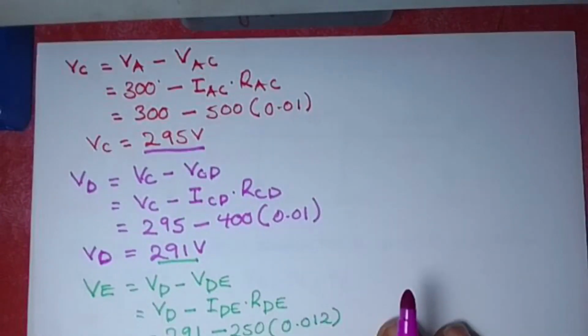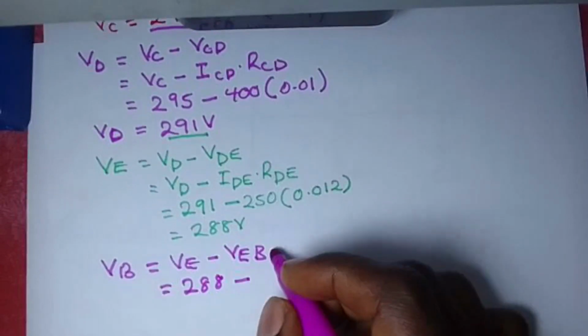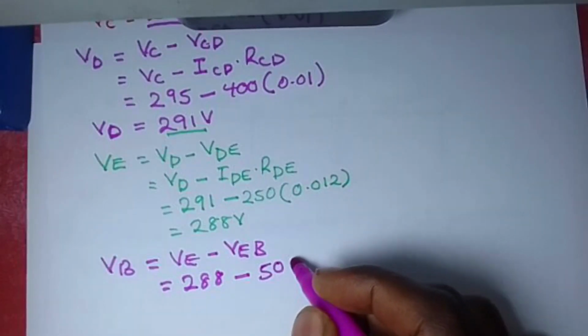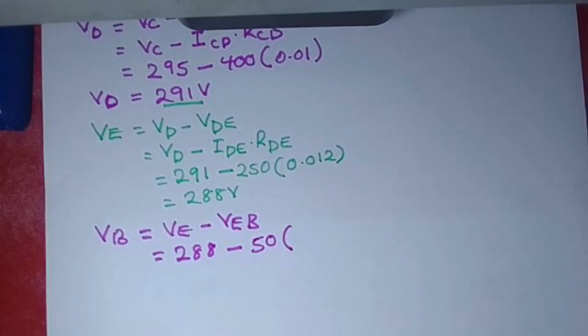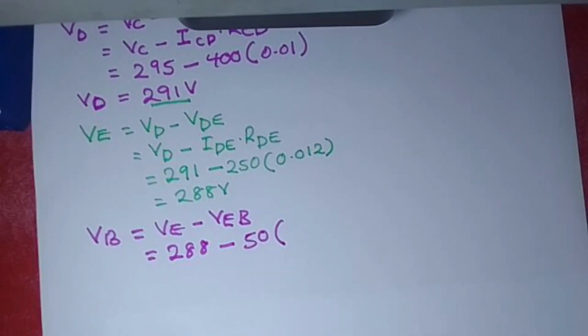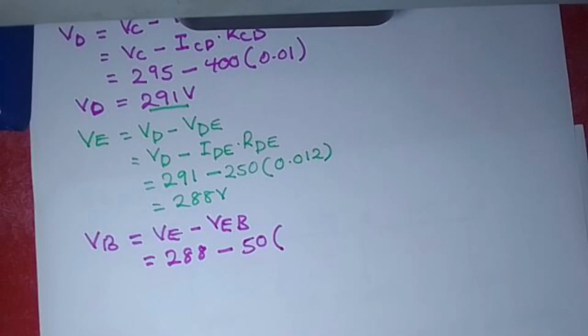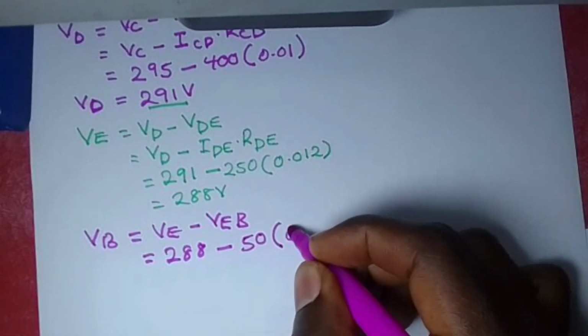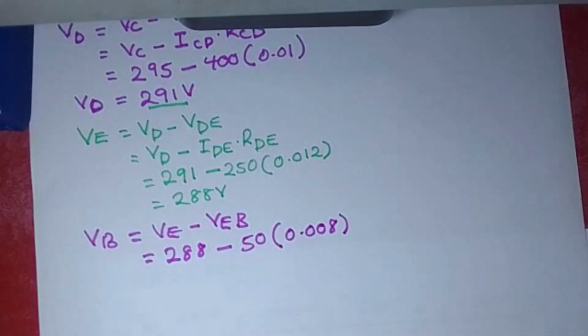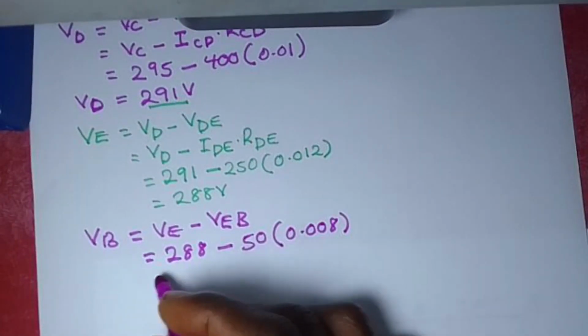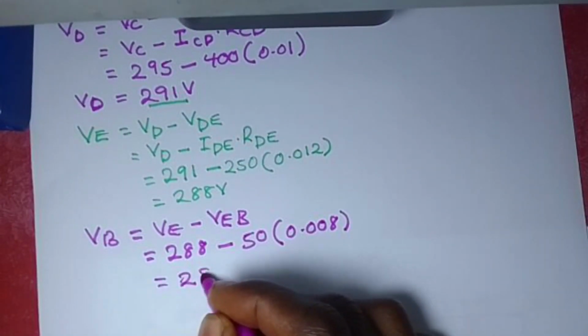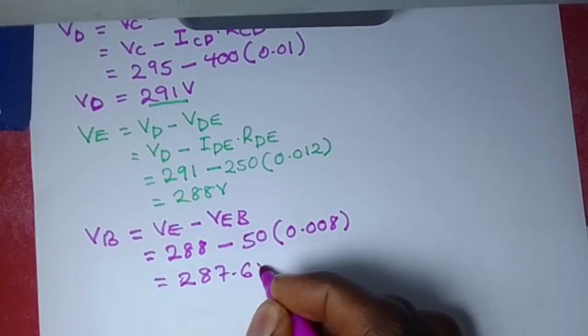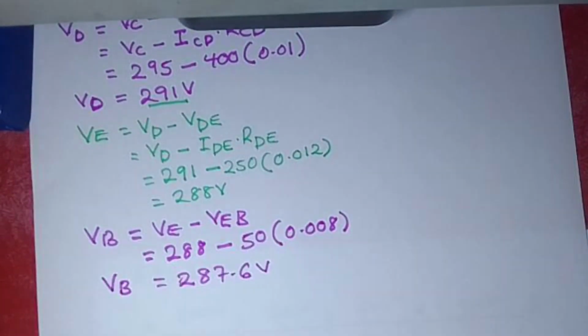So we shall say minus 50 amps times the resistance across that section. The last value of resistance we got was 0.008. So we feed that also into the calculator. So we get 288 minus 50 into 0.008, and the answer is 287.6 volts. So that is the voltage at point B.